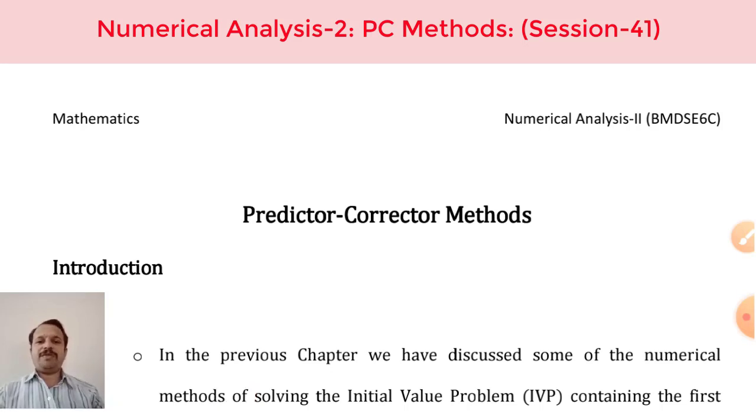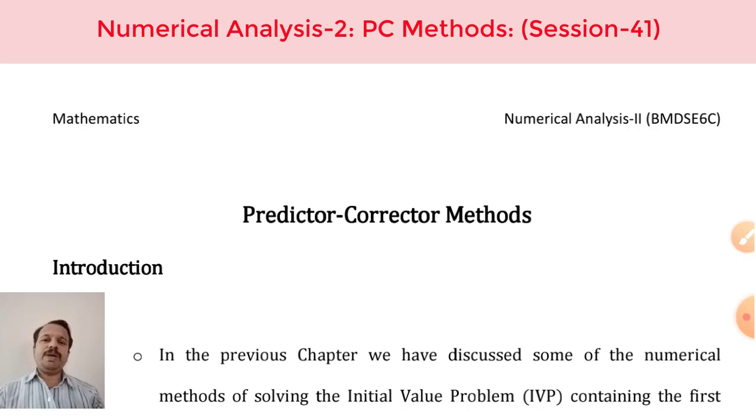The formulae which we have discussed in the previous sessions were most interesting. Right from Picard's method of successive approximation, we passed through Taylor series method, Euler's method, Euler's modified method, Runge-Kutta second order method, and Runge-Kutta fourth order method.